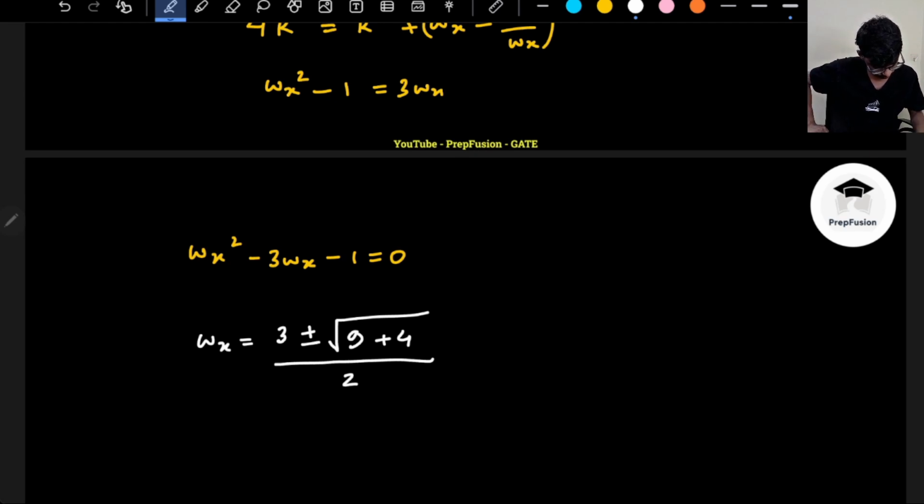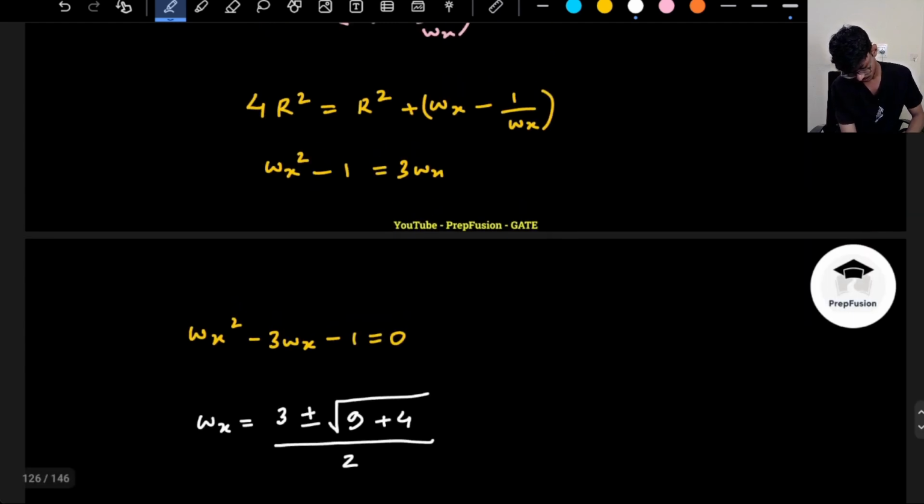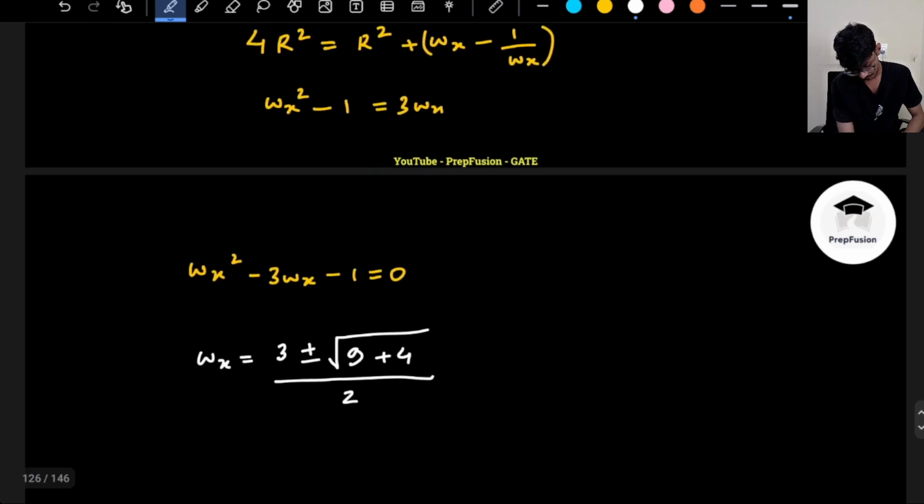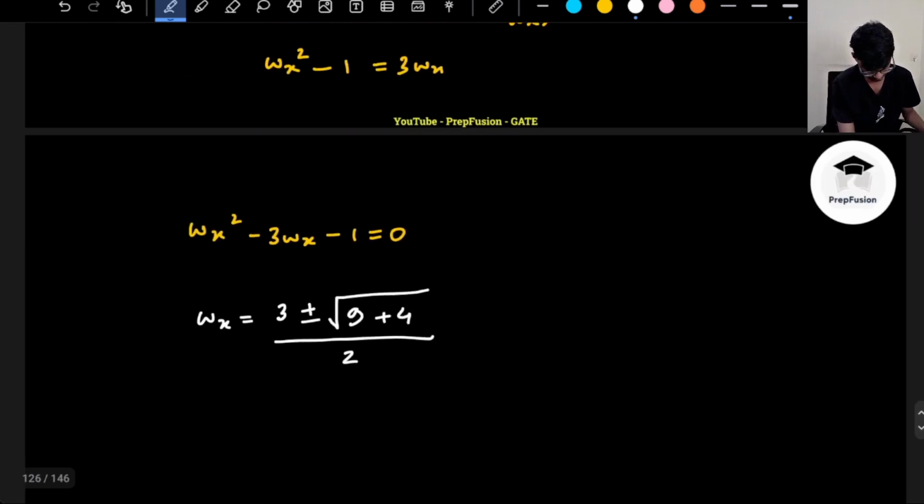From here, if I write the values, I will not choose the negative value, because negative frequency is obviously not possible, so I will only choose the positive value. So 3.3 will be your answer for this question.